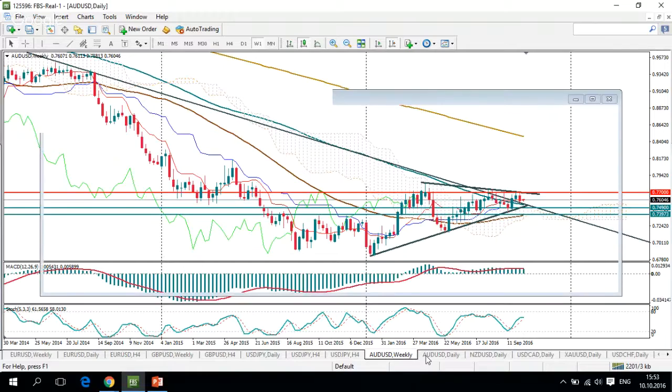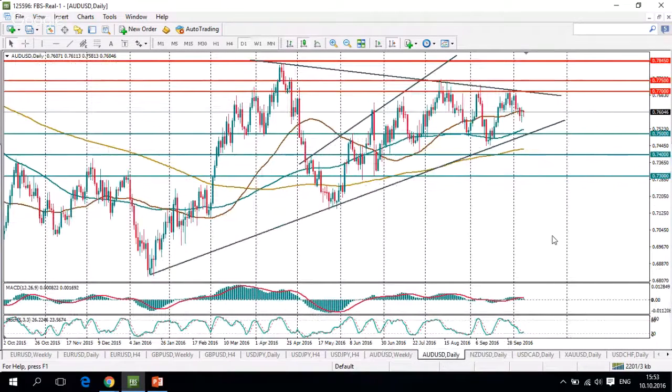As for the daily chart, we can see that last week the pair fell below 50-day moving average. This week, this level represents resistance, is located around 0.76, and as long as the pair is trading below this mark, it is vulnerable for a decline to 0.7520, 0.75.